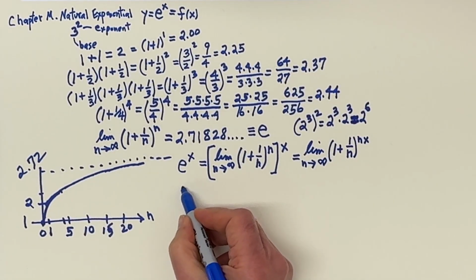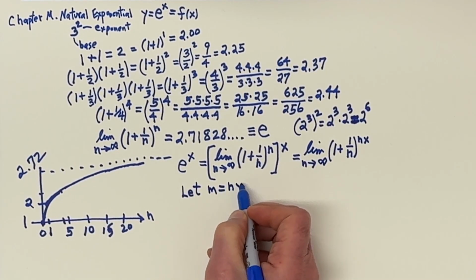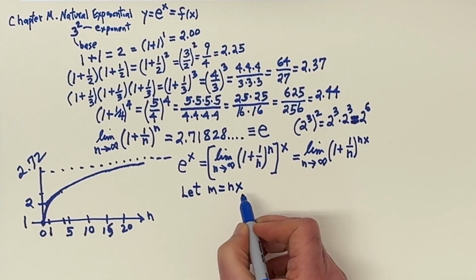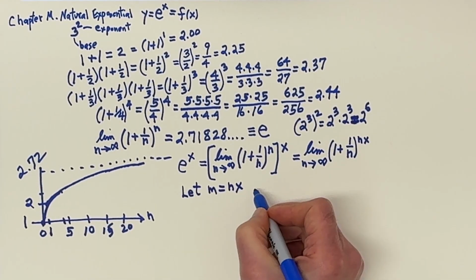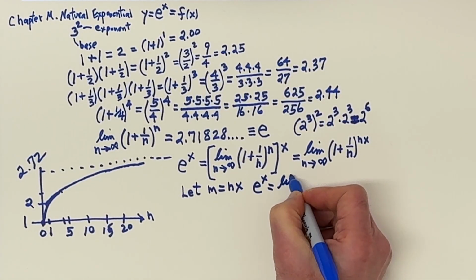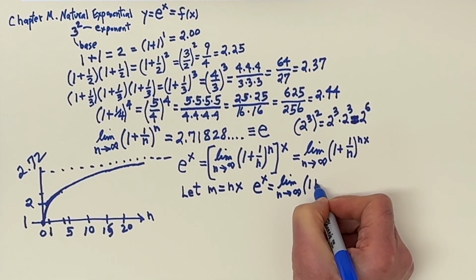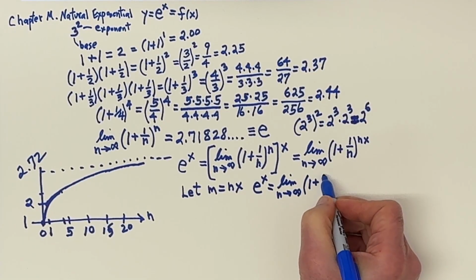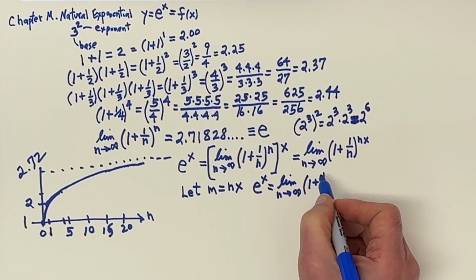Now what I'm going to do is a trick. I'm going to let m equal n times x. Now when n goes to infinity, m is going to go to infinity also. So I'm going to write the e to the x as the limit as n goes to infinity of 1 plus 1 over n, but what is 1 over n? All right, let's see if we can replace that.